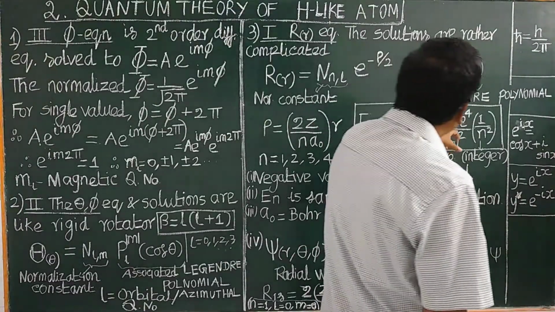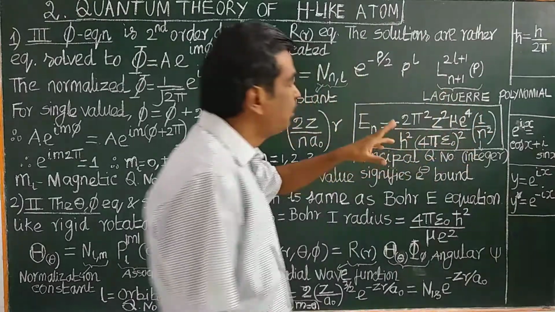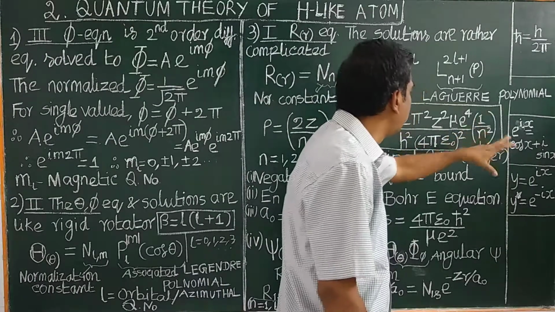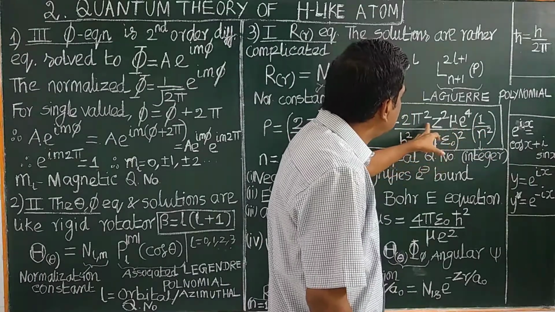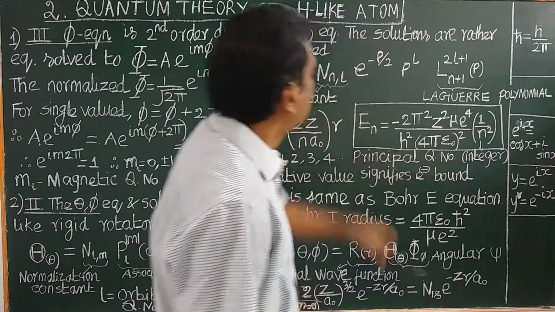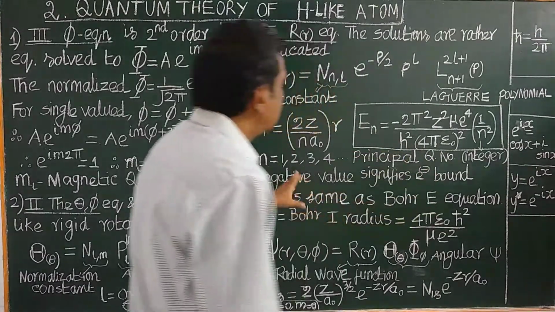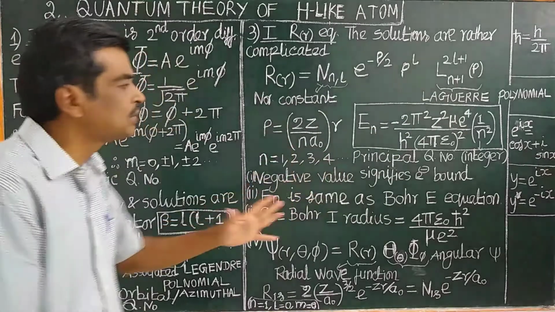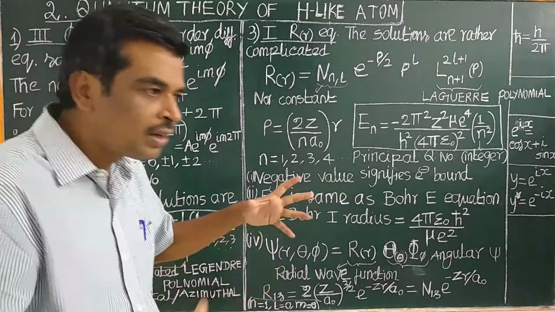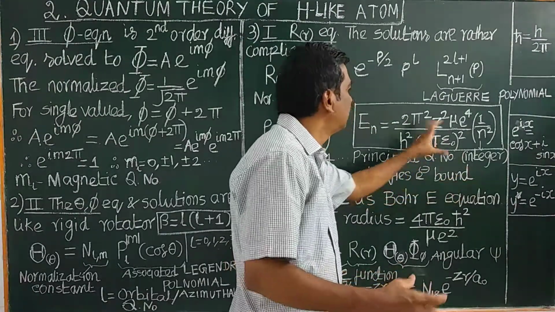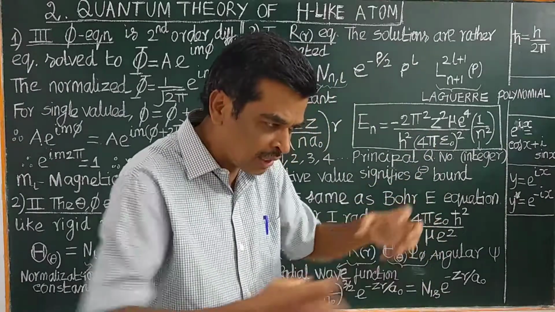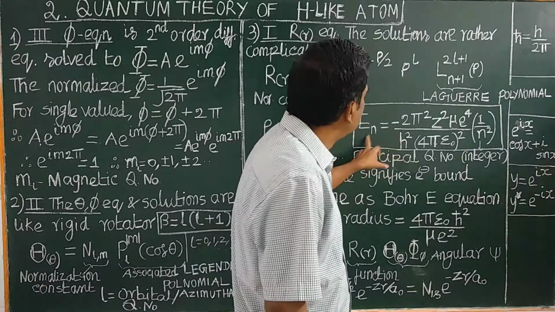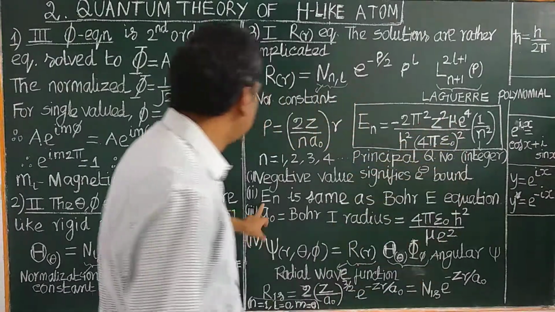Mu is the reduced mass of the electron and nucleus, Z is the nuclear charge, and h is Planck's constant. The negative value in the energy expression signifies that the electron is bound to the nucleus by an electrostatic force of attraction. It has a negative sign.